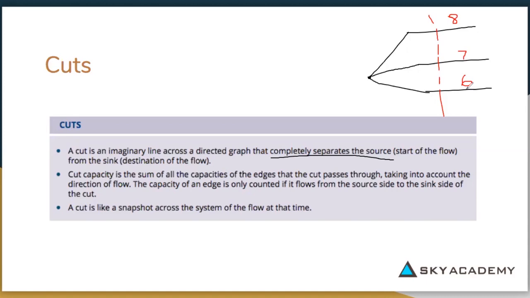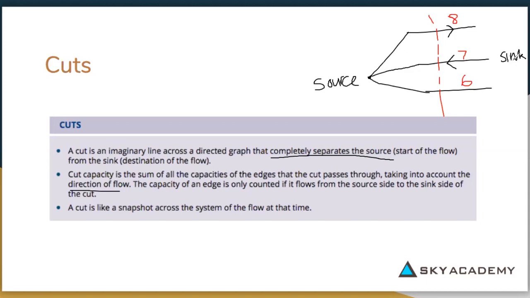You have to take into account the direction of the flow. If this line here, the 8, was passing from the source to the sink, we would count it. If, however, the 7 was passing from the sink, which is here, to the source, you would not count it because it is not separating the source and the sink.